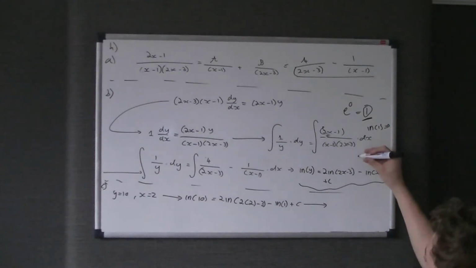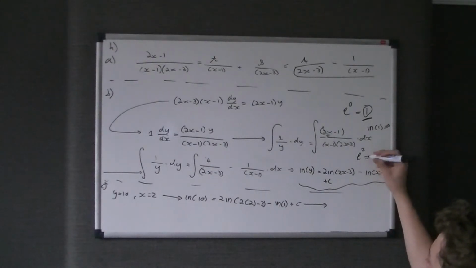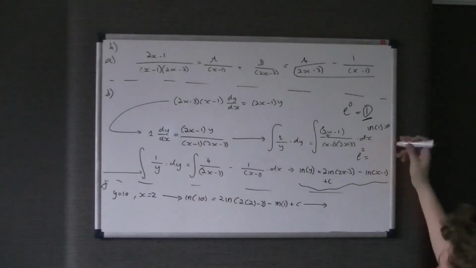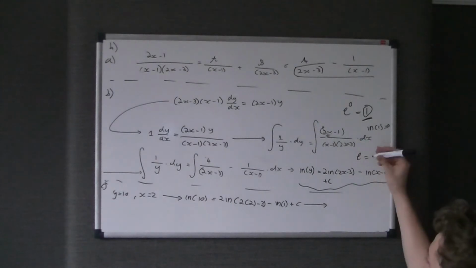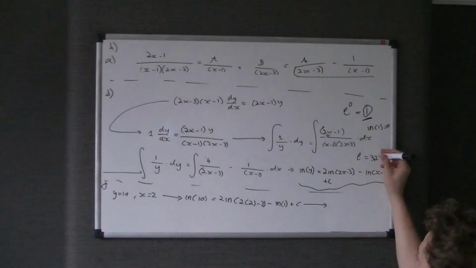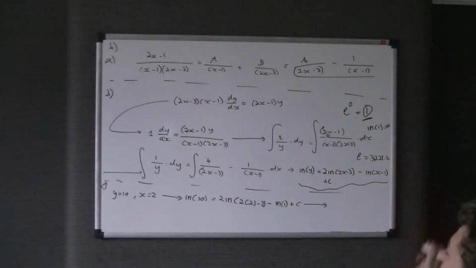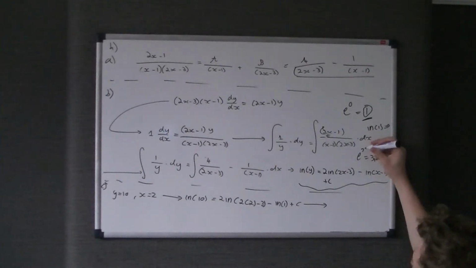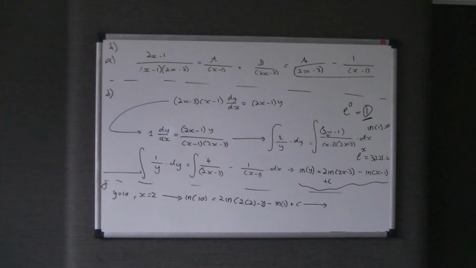Similarly, if we've got a value of say 3,221.2, and we know that is e to the power of something, this is just an example. Say we call that x, and we want to find out what x is.